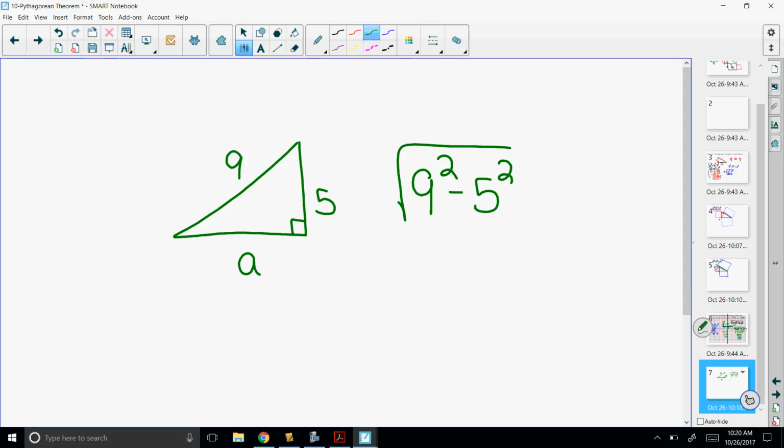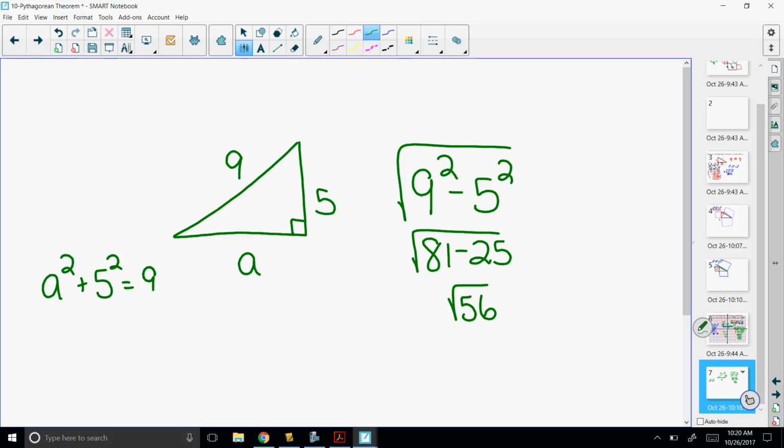Anybody go right there? 9 squared is 81 minus 25, and you take the square root, which is going to give you the square root of 56. Good. If not, you can still go back and say it's a squared plus 5 squared equals 9 squared.